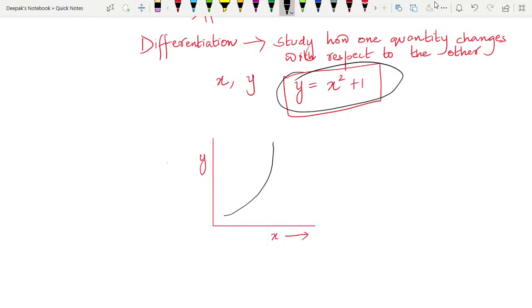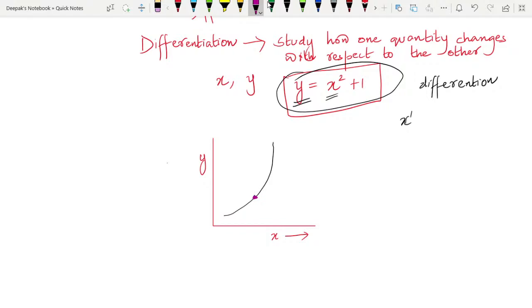So now differentiation helps us to understand how your y will change if x changes. Suppose there is a change in x, x becomes x dash. What will happen to y? If you want to study that, you have to study differentiation. Differentiation will answer that question. So let us take 2 points.